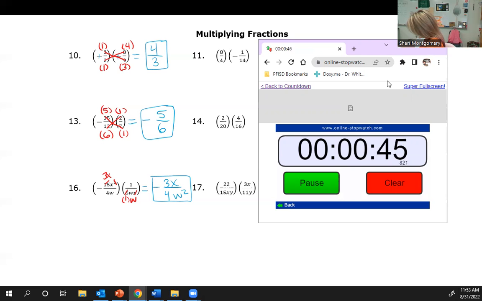I'm gonna tell you right now. This number 11 is -1/7, right? I think you gotta subtract. Subtract 8 minus 1. I mean, not 8 minus 1, 4.